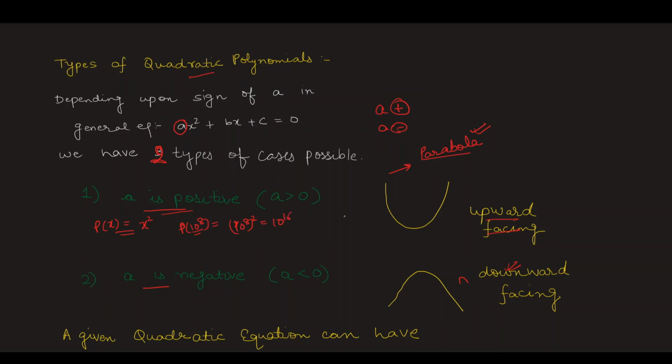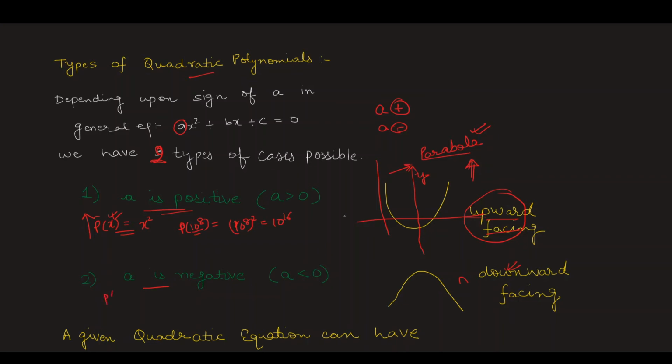So when we are increasing this x, the p of x value is increasing very much. So if this is the graph of x square and this is the y-axis, if we are increasing this x, this value goes up and up. That's why it is an upward facing parabola or upward facing polynomial.